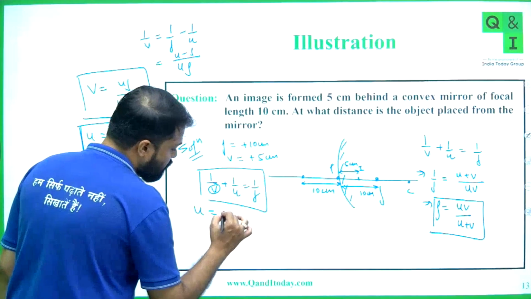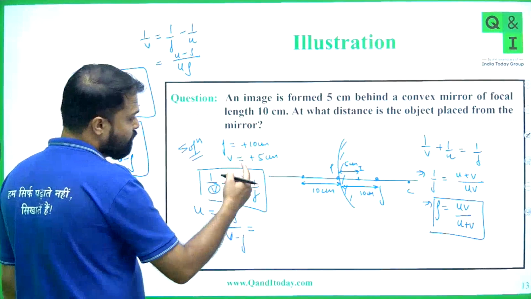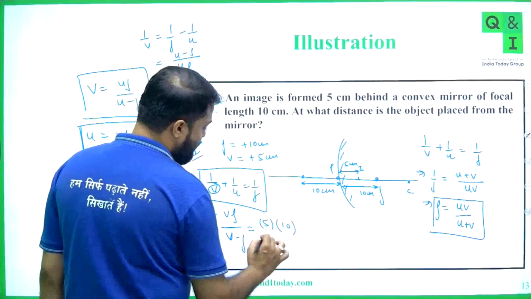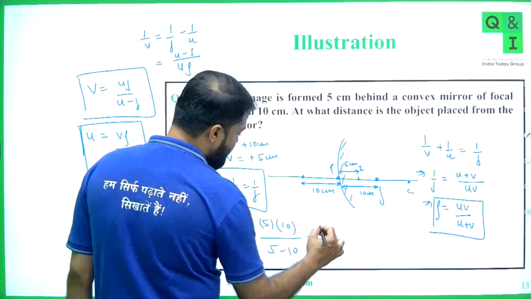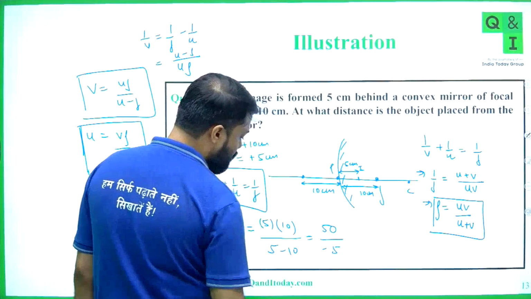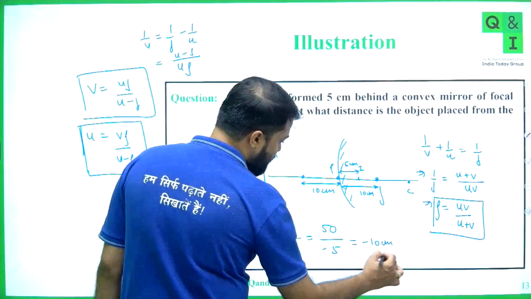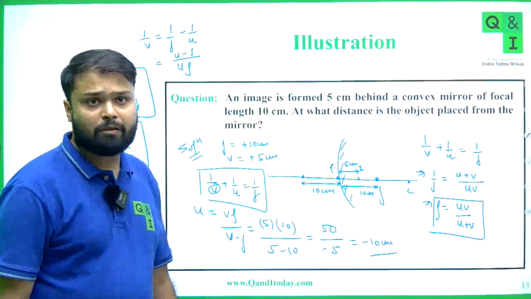U is equal to v into f upon v minus f. Now put the values. V is plus 5, f is 10. 5 into 10 upon 5 minus 10. So 5 into 10 is 50, 50 upon minus 5. Yes or no? 5 minus 10 is minus 5. This is equal to minus 10 centimeter. Okay, so this makes the calculation fast.